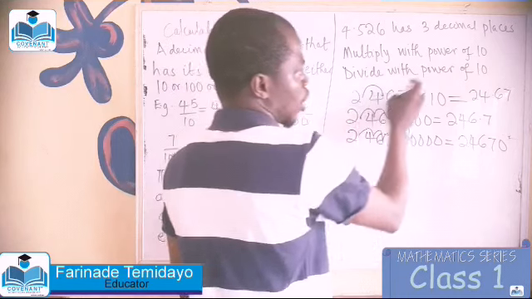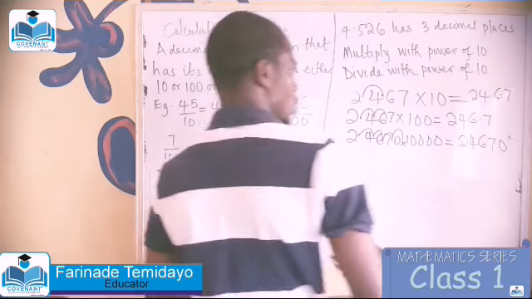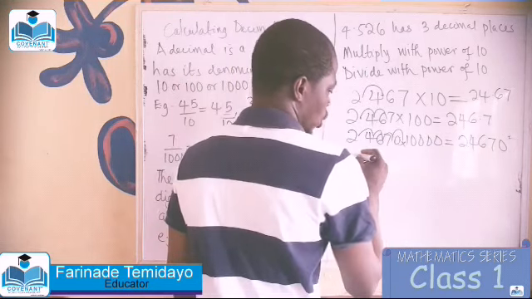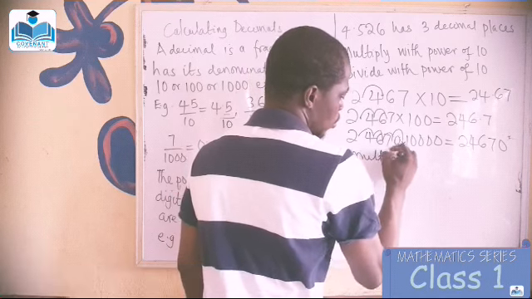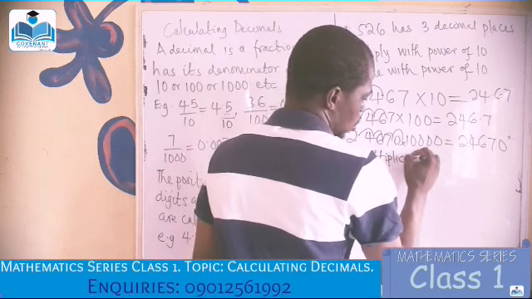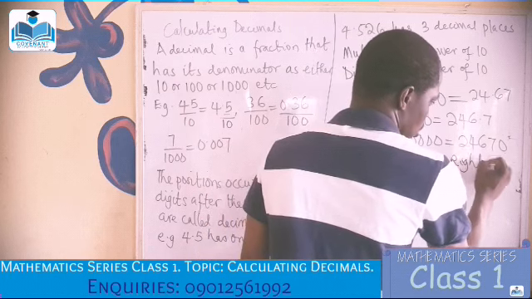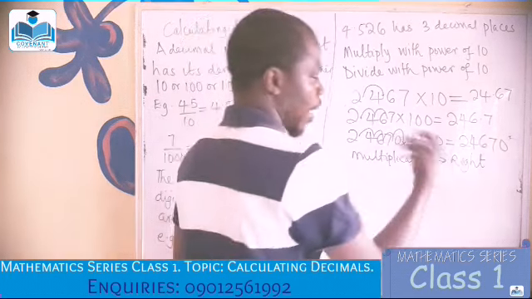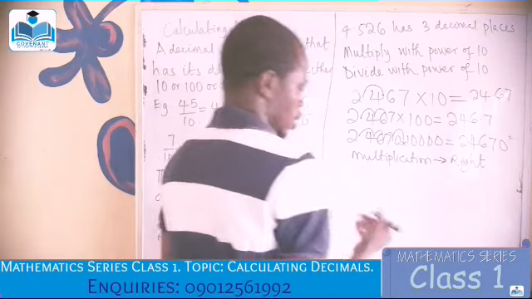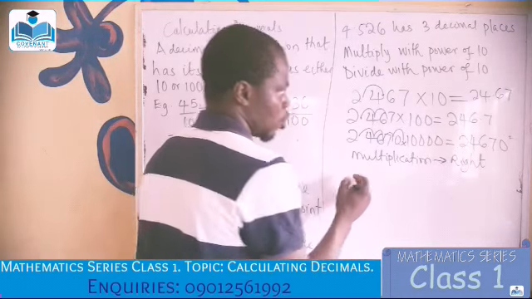Now, when you divide a decimal by a power of 10, remember that when you are multiplying, you move to the right. Now, when you are dividing, what will you do? In the case of division, we are still using the same number.